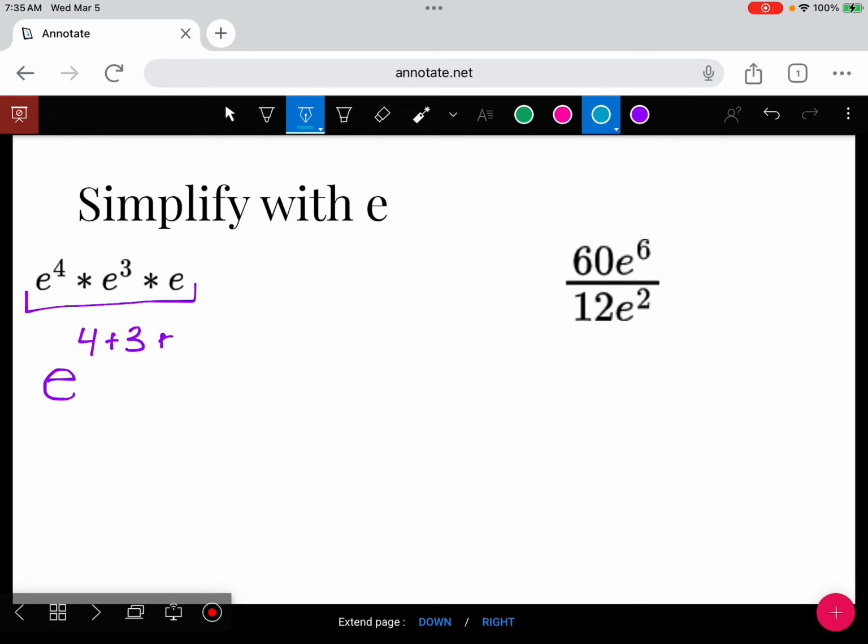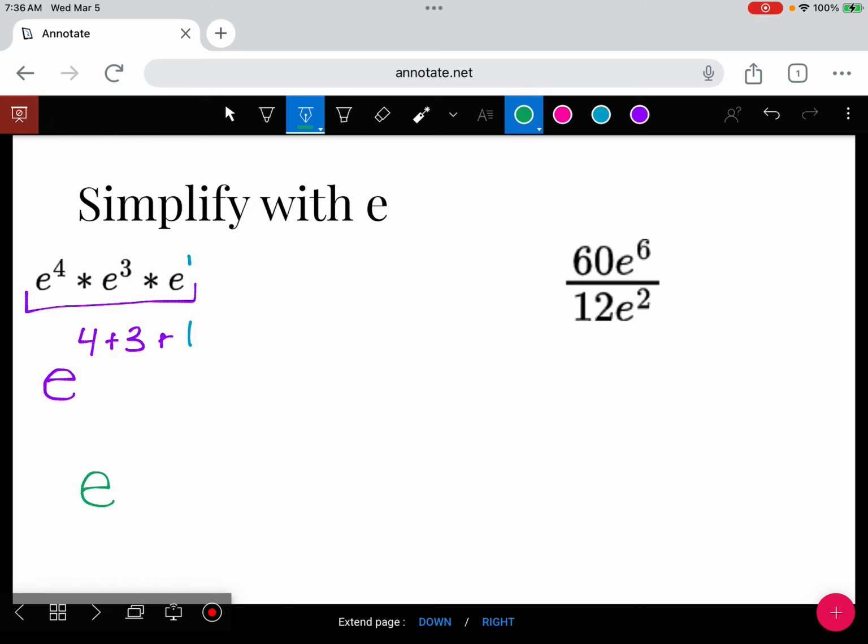It's not written there, but every number has an invisible 1 as an exponent. We just don't typically write it, because if I put 60 to the first and 12 to the first and e to the second and e to the sixth, it starts to look real crowded. Kind of like we don't always write that this is 1e. It's that invisible math, we just don't write it because we're lazy. And that's okay.